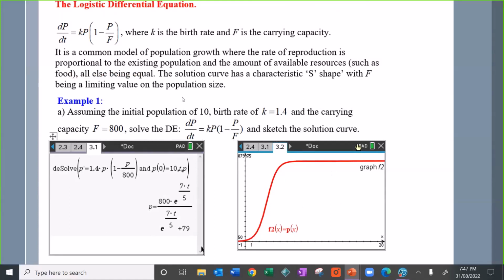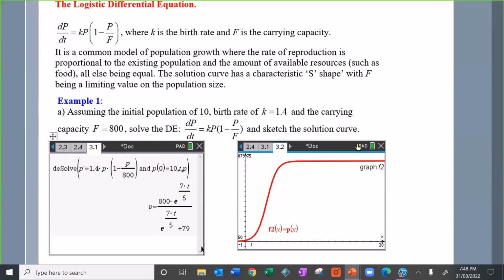So we'll try to solve the equation on CAS, and then we'll sketch the logistic curve for various values of K.